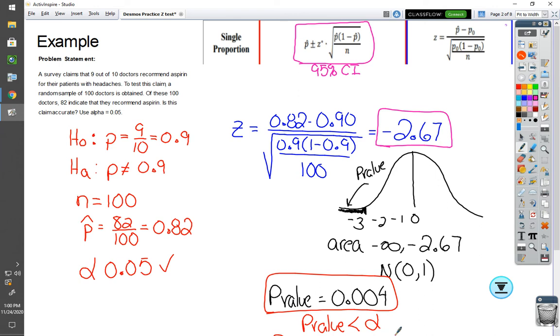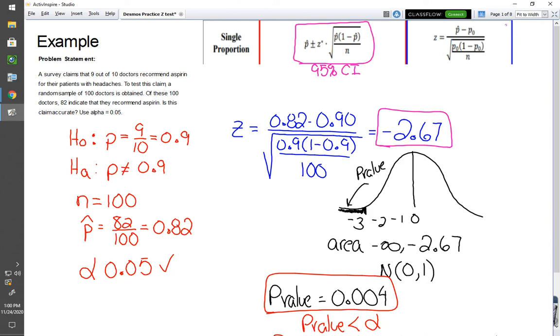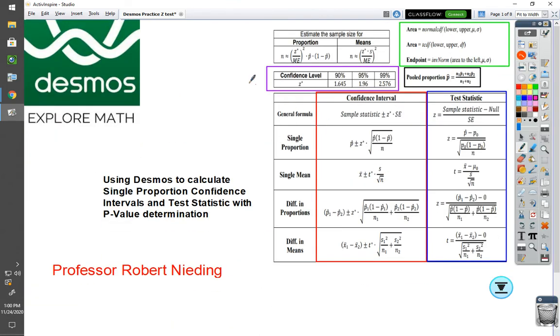We multiply the z star value by the square root of p hat times 1 minus p hat divided by n. One thing we need from the formula sheet is the z star, or z critical, for 95%, which is 1.96.